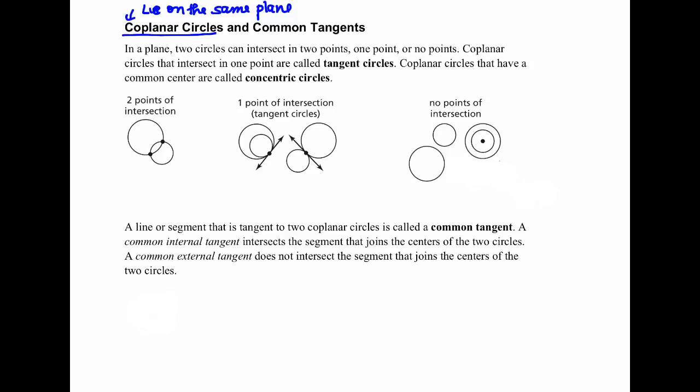When there are 2 circles, there can be different intersection points. They can meet at 2 points, or they can meet at 1 point, or they cannot meet at all. So there can be three situations: they can meet at 2 points, 1 point, or 0 points.